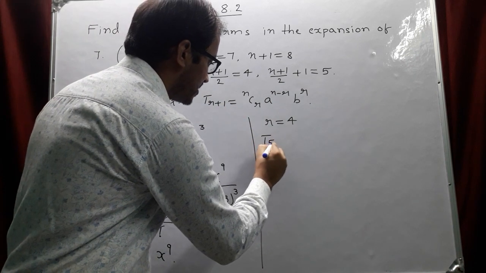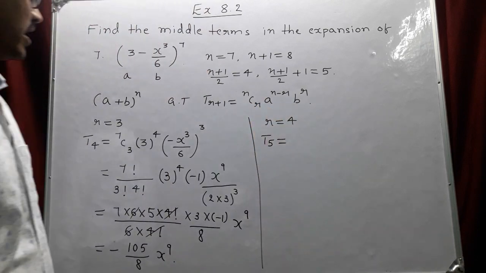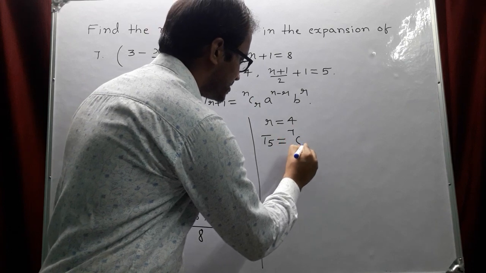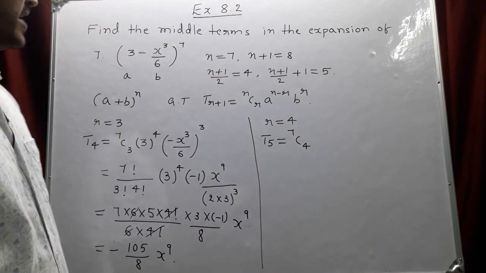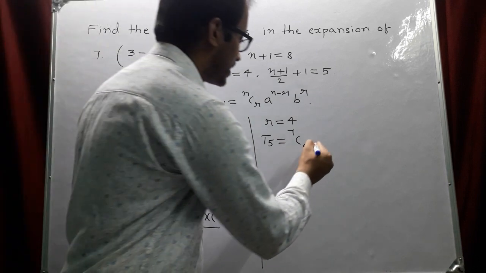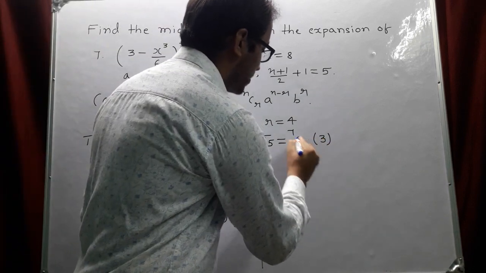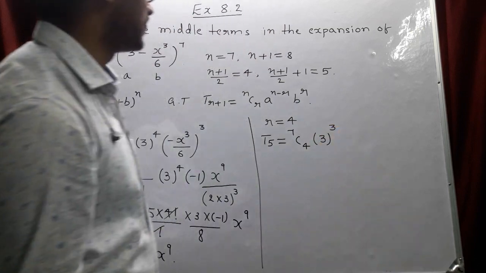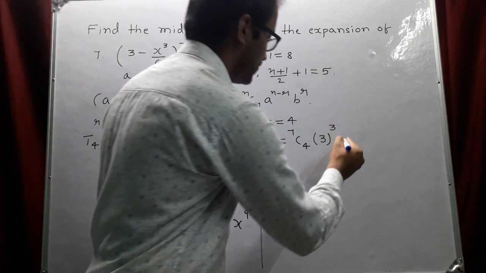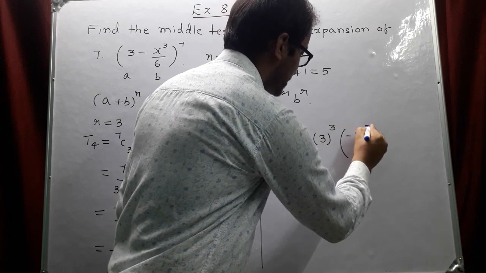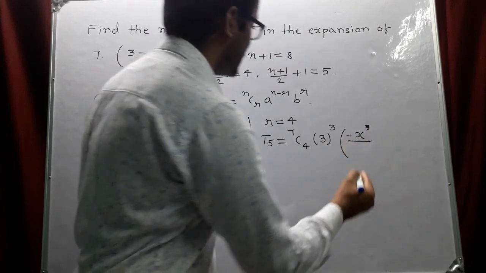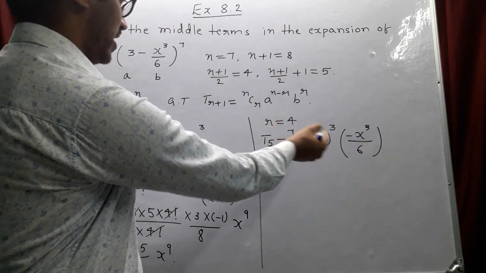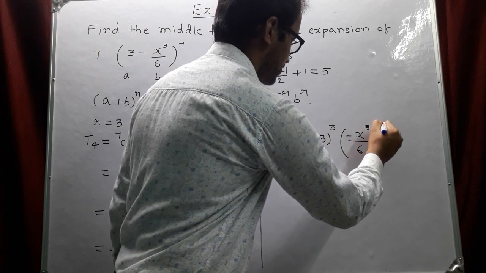So T5 is equal to nCr, where the index is 7, so 7C4. The a value is 3 power (7 minus 4), and 7 minus 4 is 3, into the b value, which is (minus x cube by 6), power r. The b power r value is 4.